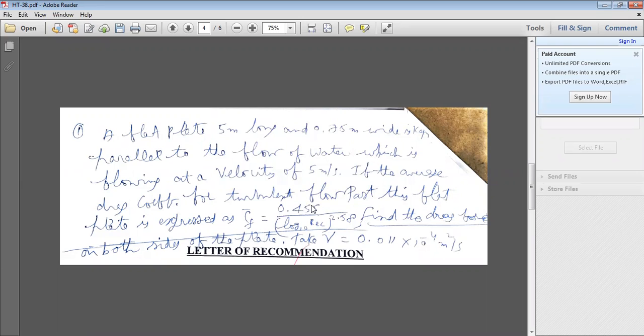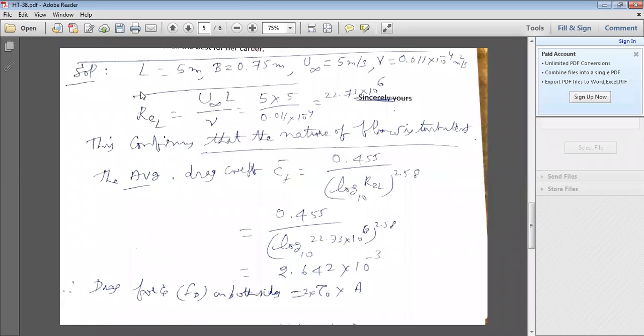So how to solve this problem? Given data first: length of the plate 5 meters, width of the plate 0.75 meters, velocity of flow 5 meters per second, kinematic viscosity 0.011 into 10 power minus 4 meter square per second.